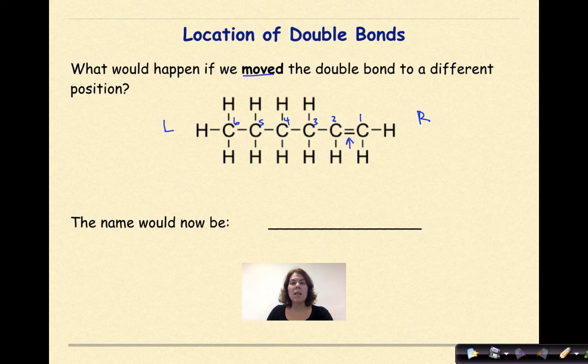But now, to indicate the location of that double bond, we know that it starts at carbon 1. So the proper name for this compound would be 1-hex, and then the ENE ending. Because the double bond is between carbon 1 and 2, it's 1-hexene.